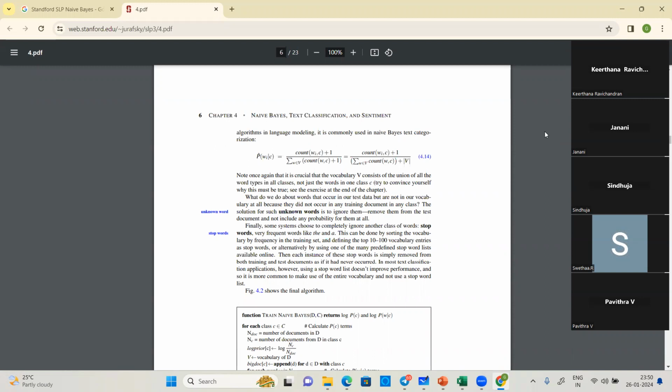Correct. Now, if these two have 50% probability, we cannot assign to the positive or the negative class. So in this scenario, will it become indeterminable or something like that? Not necessarily. You can assign it to any class then, right? It doesn't really matter then.